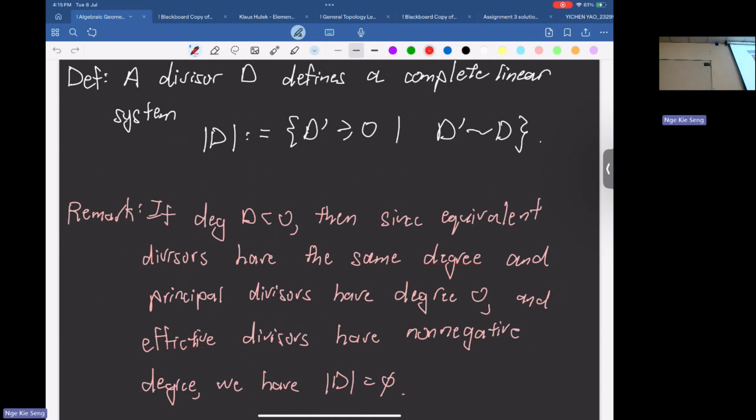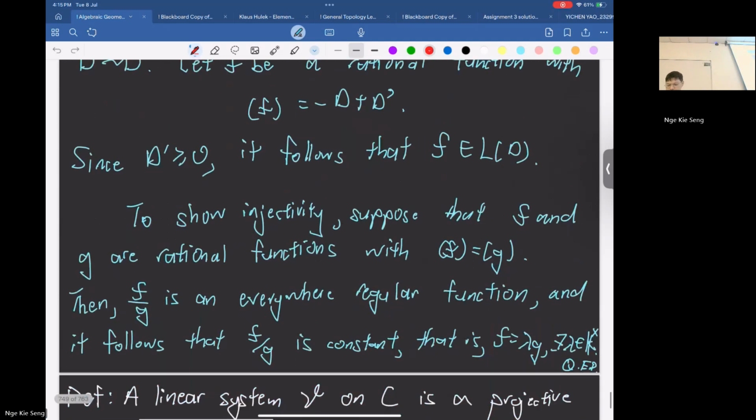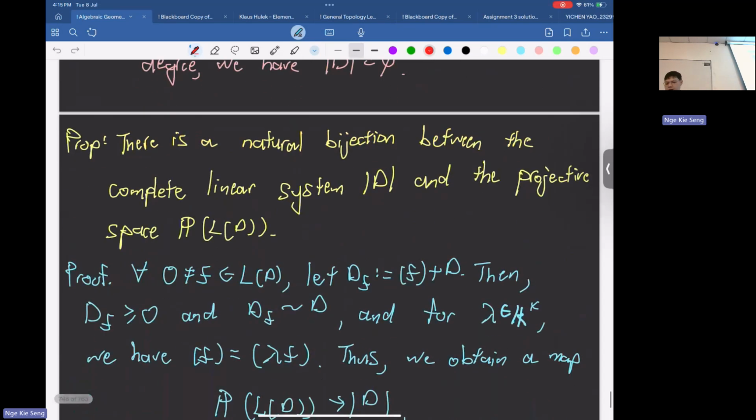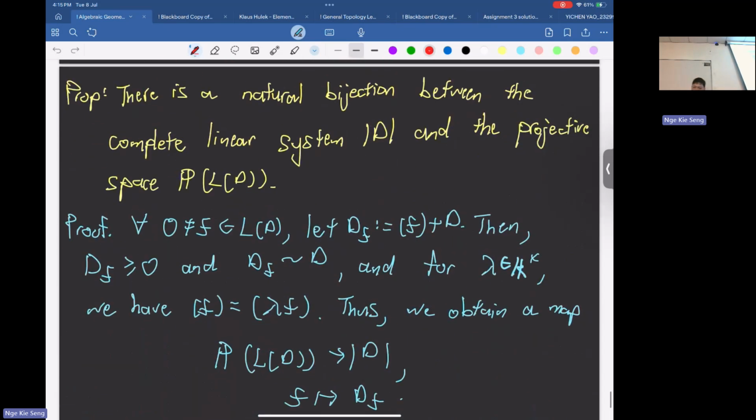Because yesterday we proved that if D prime is linearly equivalent to D, their L(D) will be isomorphic. The vector spaces defined by these divisors will be isomorphic. So we are collecting all of them in this |D| here. This one we mentioned already yesterday, and then we showed that this complete linear system actually is a projectivized L(D).